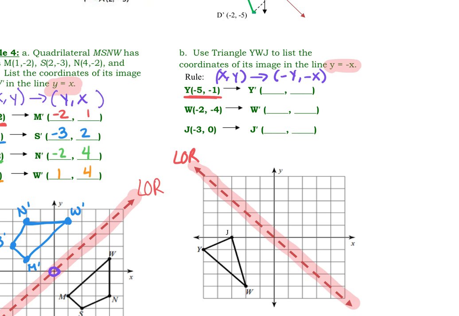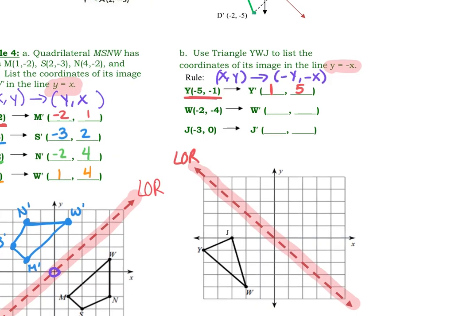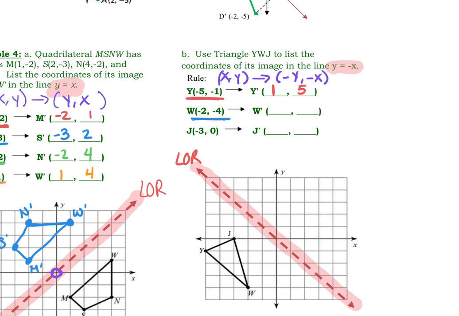Since it was a negative 5 first and a negative 1 second, now it's going to be positive 1 first and then positive 5. So 1 will be before 5, and since they were both negative, now they're both positive. We see what we did? Because we're doing two things. Like I said, this is the part where it gets a little tricky. Let's try it again with this one. We got negative 2 comma negative 4. Julius?